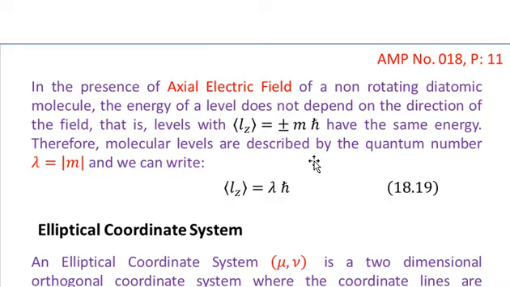Therefore, the molecular levels are described by the quantum number lambda, which is equal to mod of m. And this is the case when we apply the axial electric field. In that case, lambda will be equal to mod of m, and we can write that the average value of Lz will be equal to lambda times h bar. If we have not applied the electric field, then of course the average value of Lz will be equal to plus or minus m times h bar.